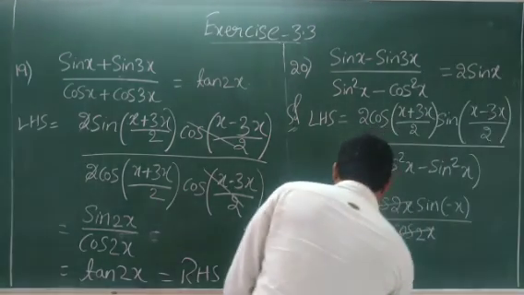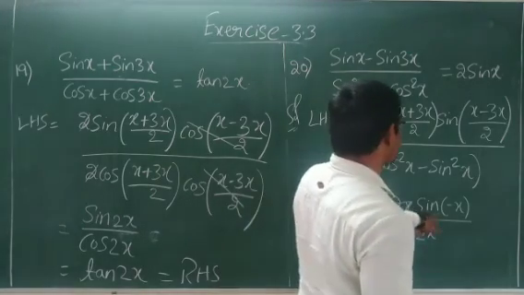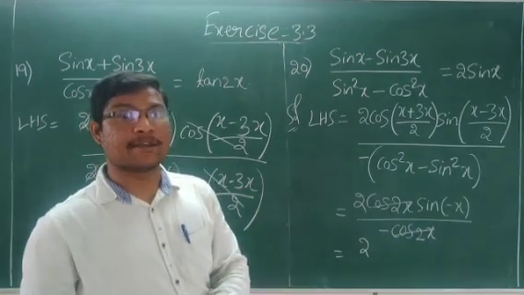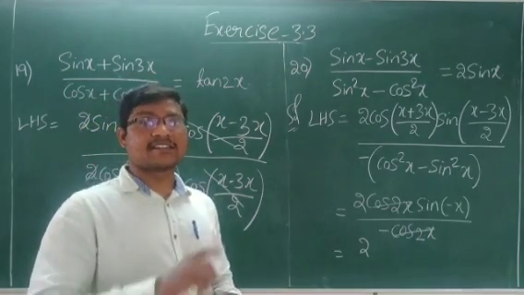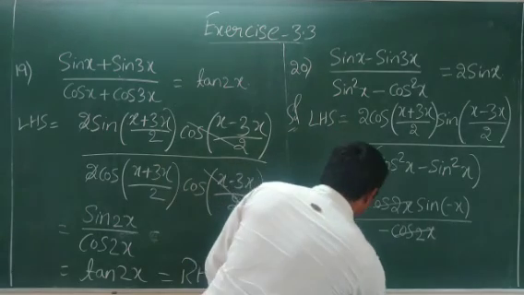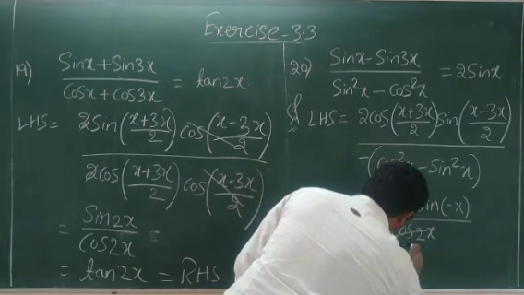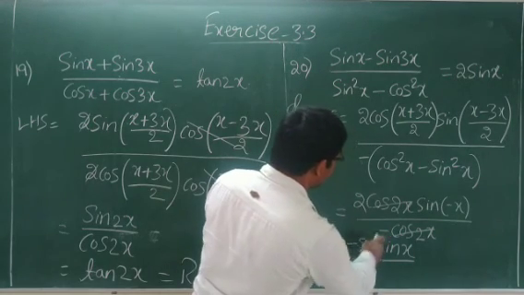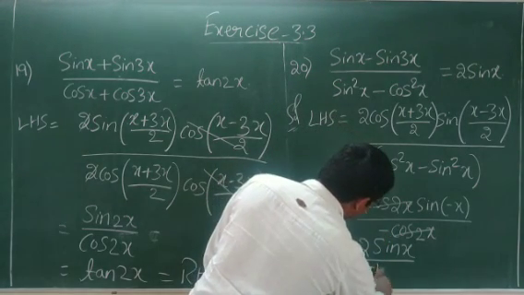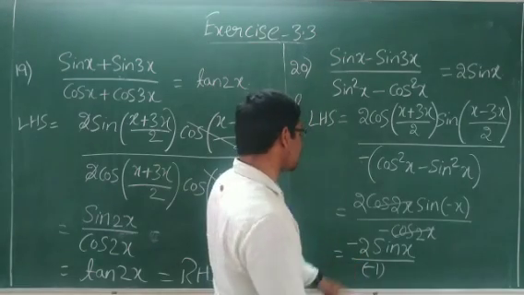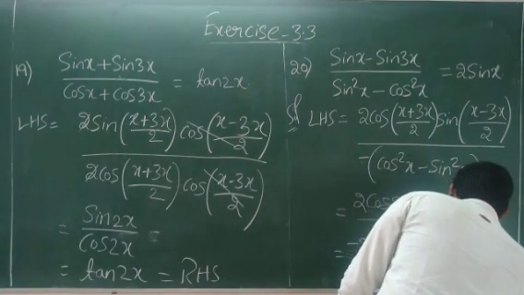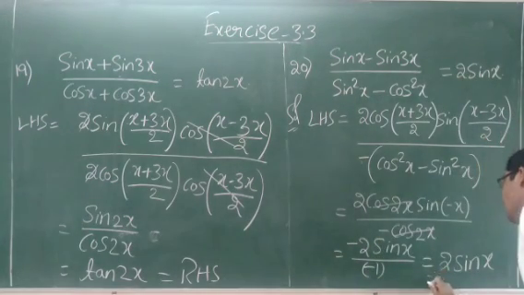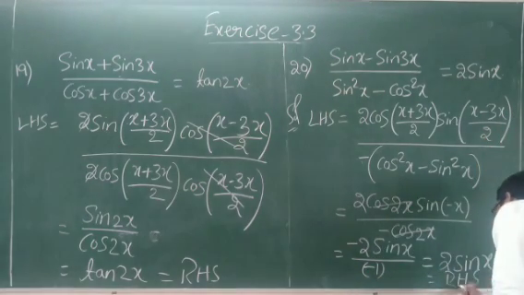Now what is remaining? 2 into sin of minus x. Cos of minus x is cos x only, but sin of minus x is minus sin x. So we get minus sin x by, in the denominator we have minus. We cancelled already, but still we have the denominator minus. So minus into minus gives plus. So that is equal to 2 sin x, and that is our result RHS.